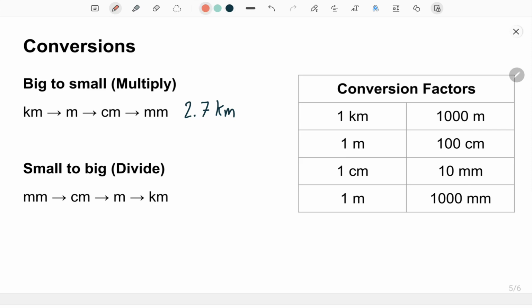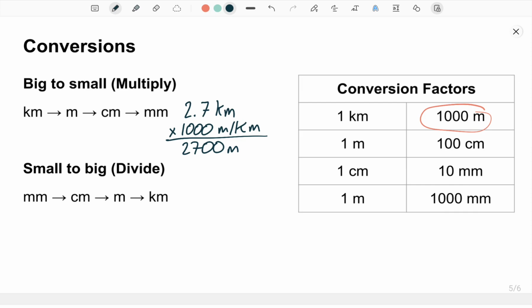When we convert it to something smaller, like meters, we're going to multiply it by the conversion factor. So the conversion factor is the fact that there's 1,000 meters in 1 kilometer. So you could say times 1,000 meters per kilometer. And that will give you something like 2,700 meters, since there's a lot more meters in the same distance as there are kilometers.